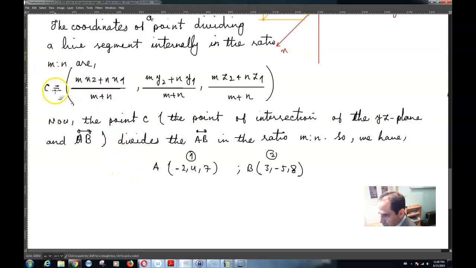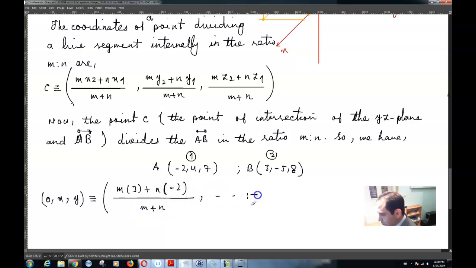Using this formula, the coordinates of the point C could be written as 0, y, z, where x is equal to m times x2, which is 3, plus n times x1, which is negative 2, over m plus n.